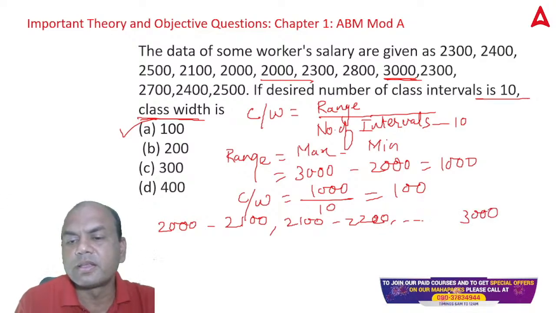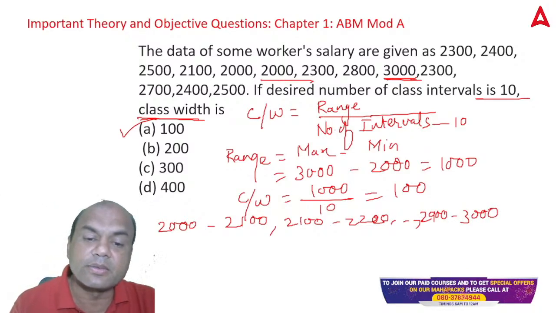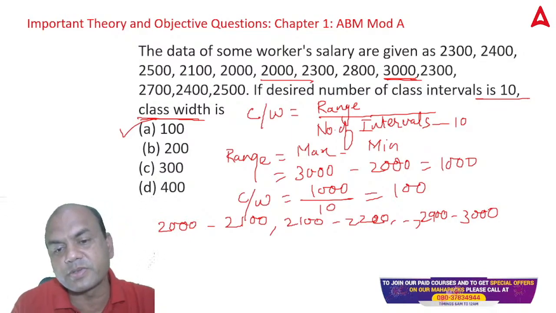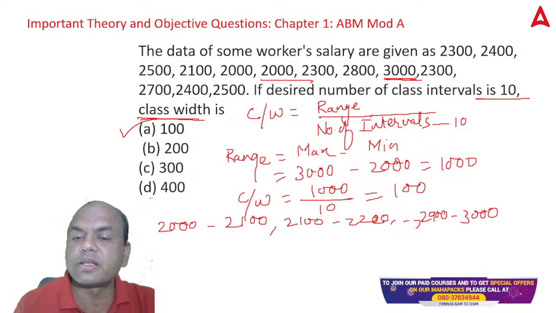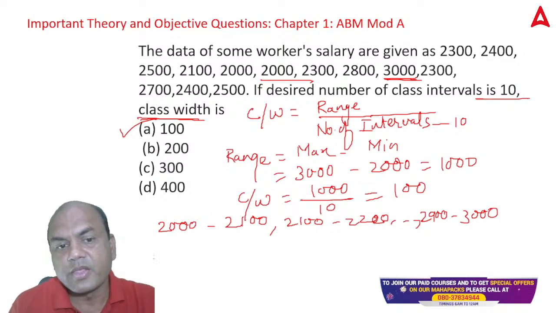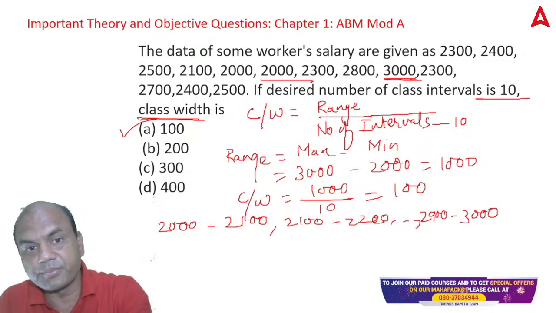The last class will be 2900 to 3000, right? So this is the meaning of width. Width means the difference between each one: 2200 minus 2100, 3000 minus 2900. So the width will always remain the same. So this is 100.